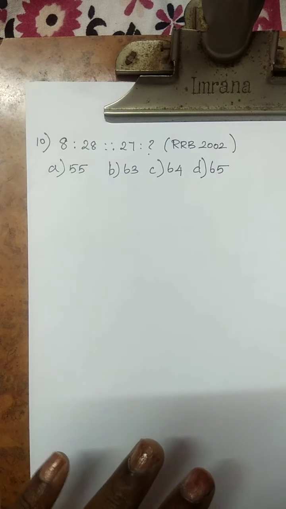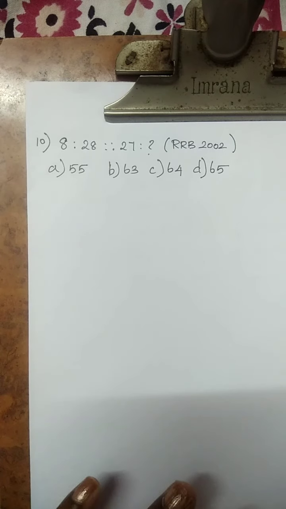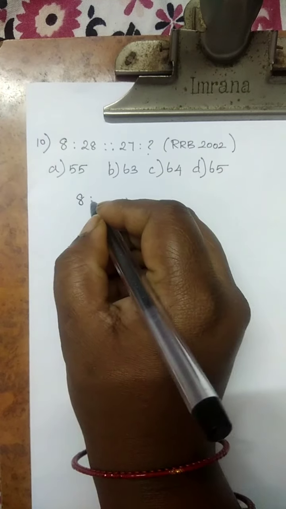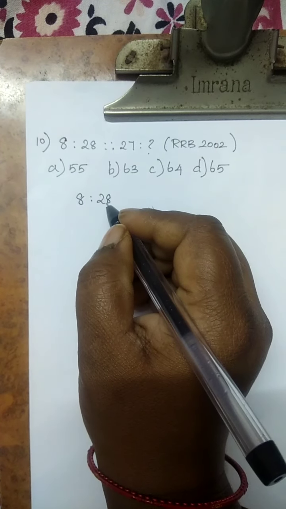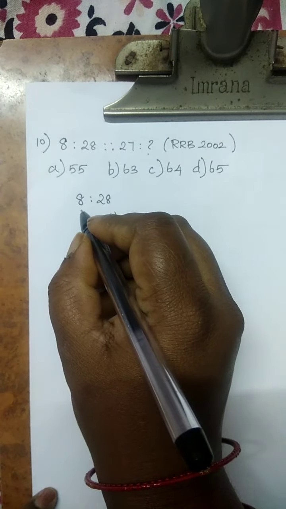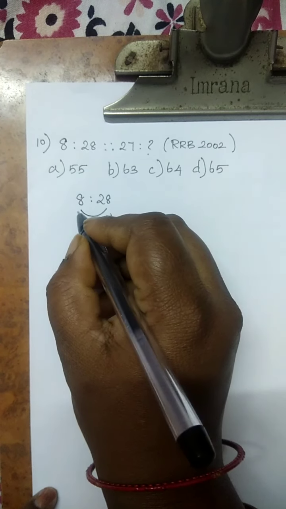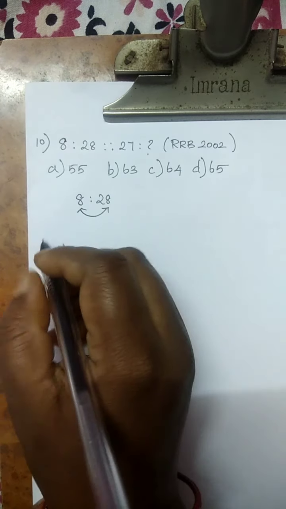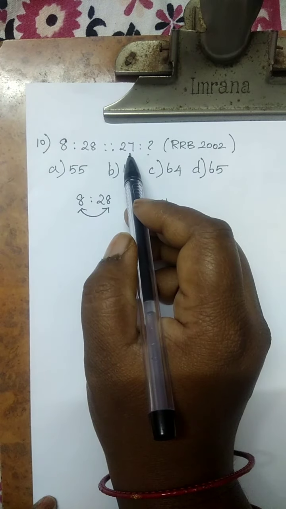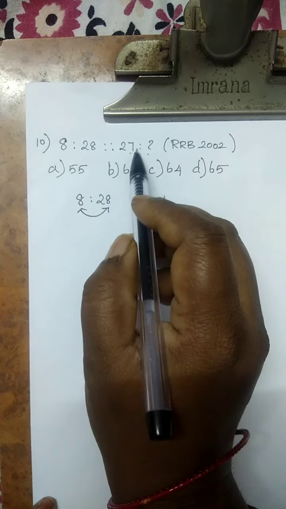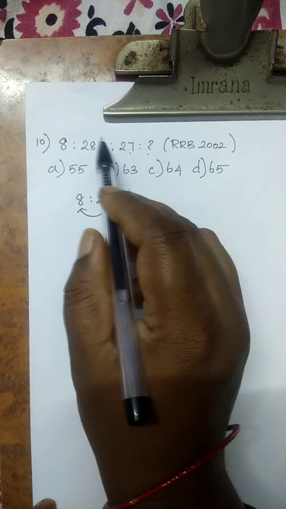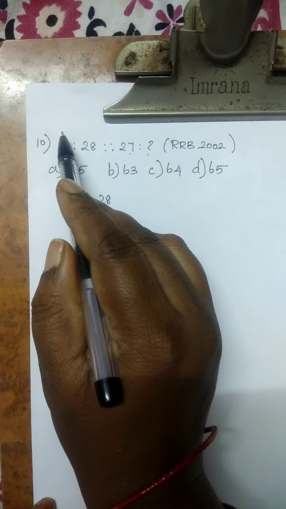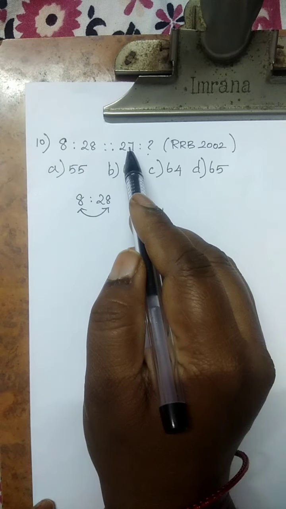What do we have to do first? We have to find the relationship between 8 and 28. See here, the first number is 27. Here the first number is 8. Is there any similarity between 8 and 27?